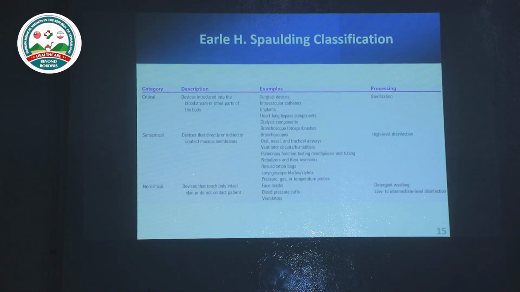Semi-critical items just touch the mucous membrane. Most respiratory care equipment, including ventilator circuits and humidifiers, is categorized as semi-critical, so we need to use high-level disinfection for the ventilator circuit.